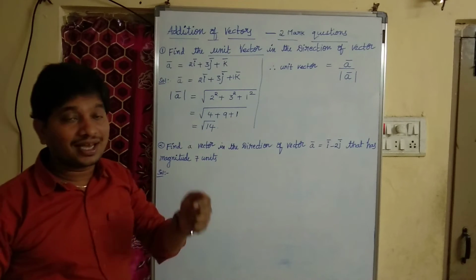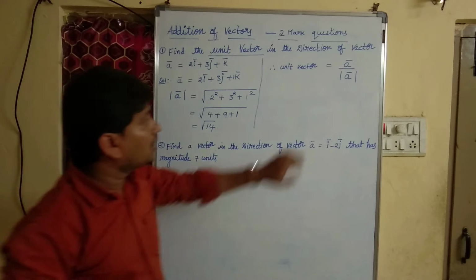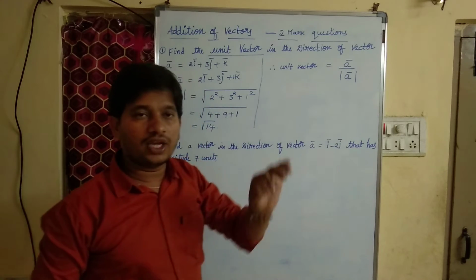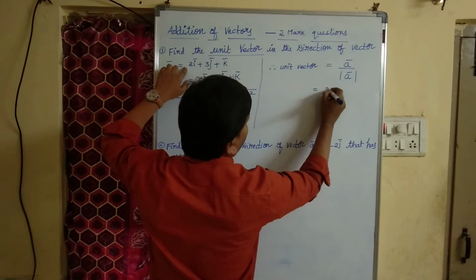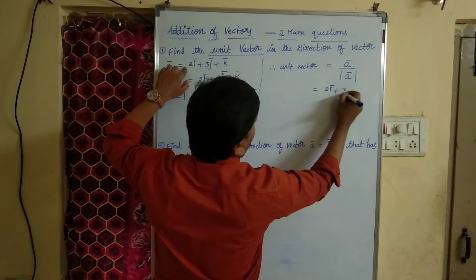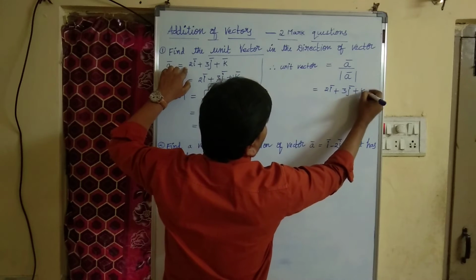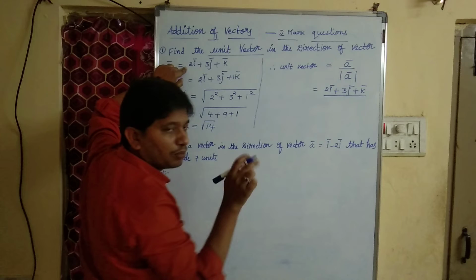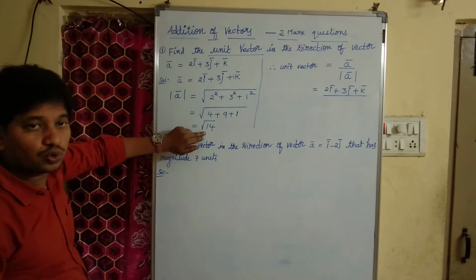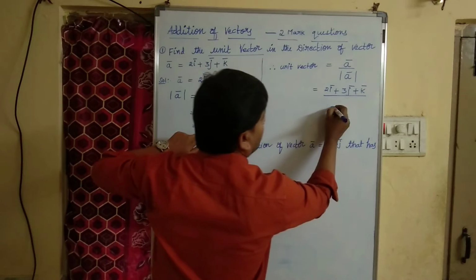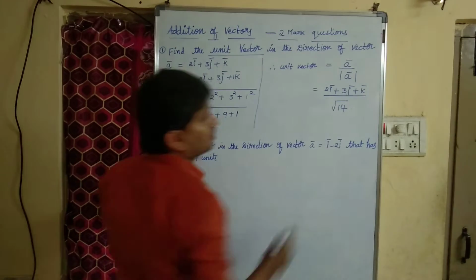What is a bar? Given a bar is 2i bar plus 3j bar plus k bar by modulo of a bar. As we found modulo of a bar is root over 14, so we need to write here root over 14.